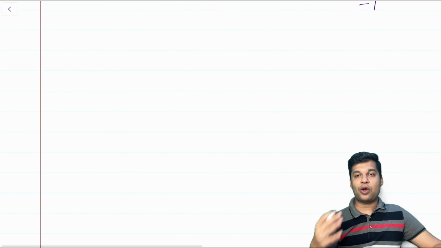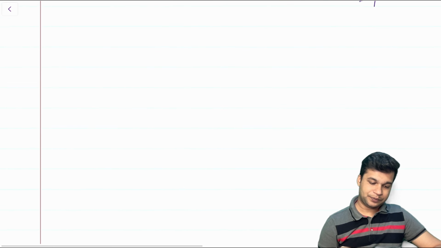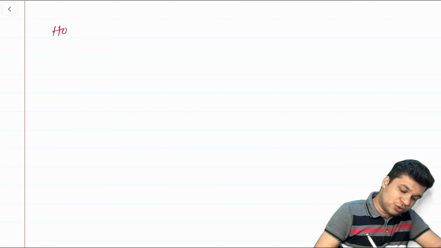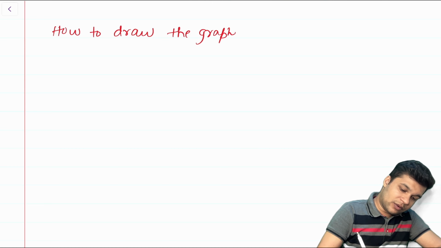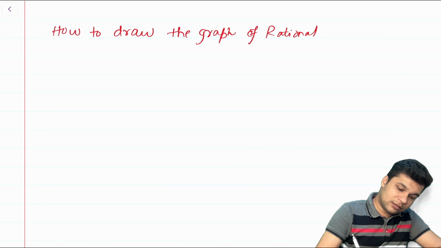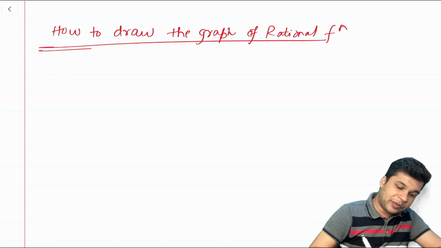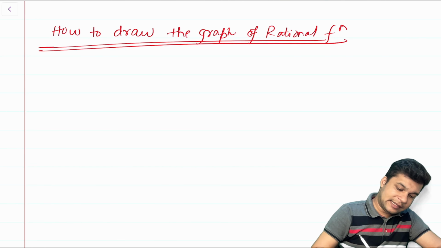Now let us see how to draw the graph of a rational function. Let's take an example. Let's say it is y equal to 4x minus 4 divided by 2x plus 6.